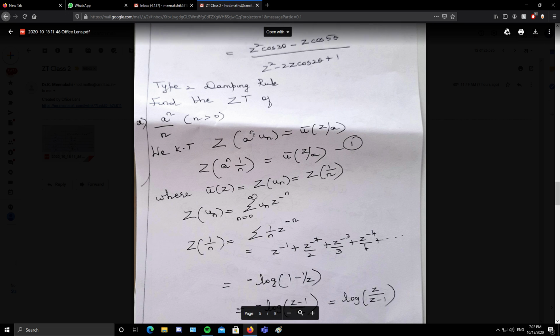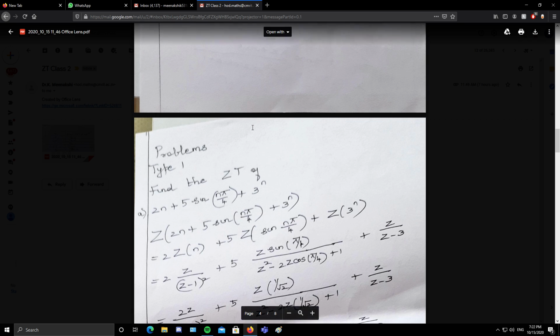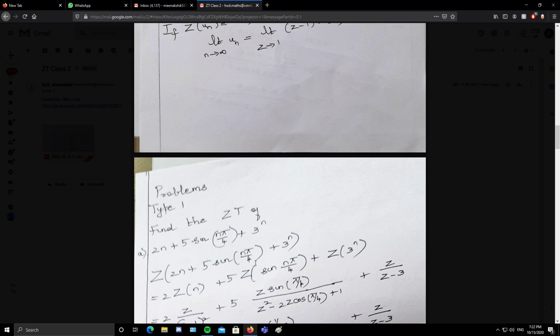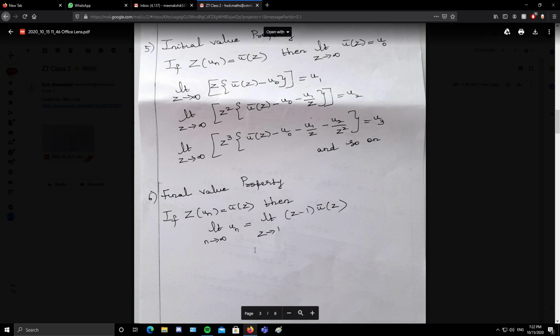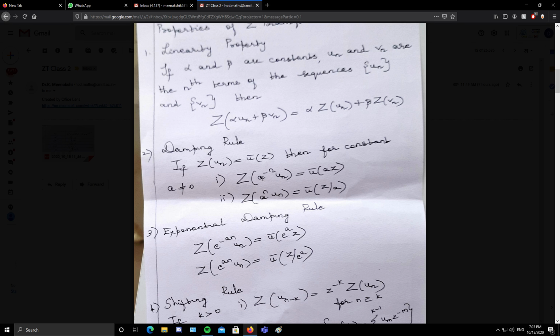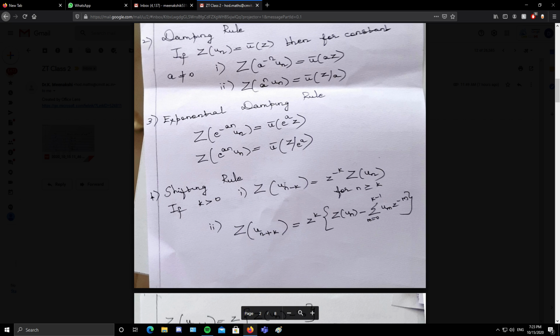In today's class I have discussed problems from type 1. Type 1 is a direct question. You will be getting the transform using the standard functions. Type 2, I have done problems using damping rule, that is properties. Type 2, I have done one problem from each of the damping rules, one here, one here, one here, one here, and then I have done one problem from un minus k.